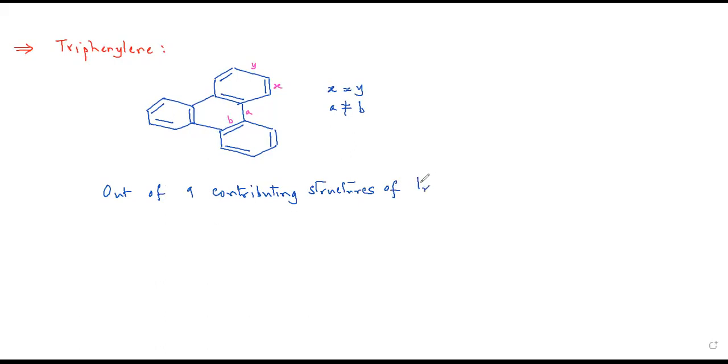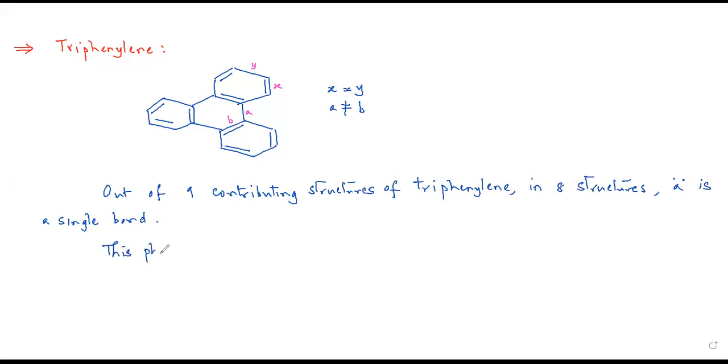Out of 9 contributing structures of triphenylene, in 8 structures, A is a single bond. And see, this particular ring, if you observe, is not aromatic.